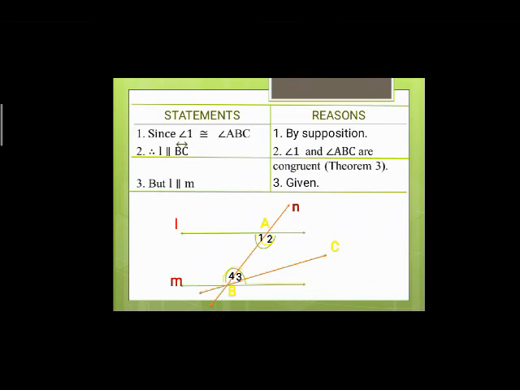The first one is, since angle 1 is congruent to angle ABC by the supposition that we already supposed, we say that for this supposition L is parallel to line BC. Angle 1 and angle ABC are congruent due to theorem number 2, but line L is parallel to line M, which is already given in our statement.